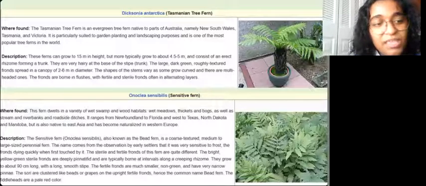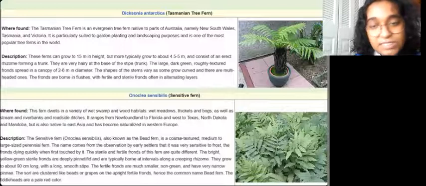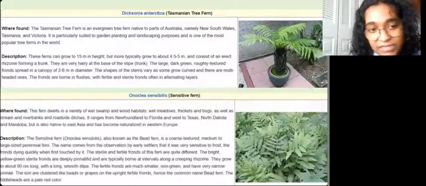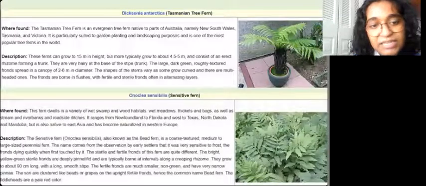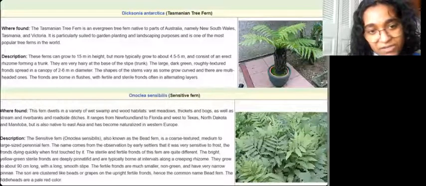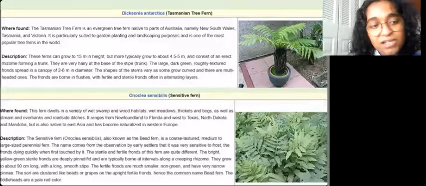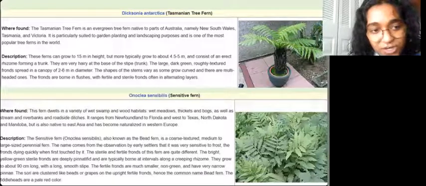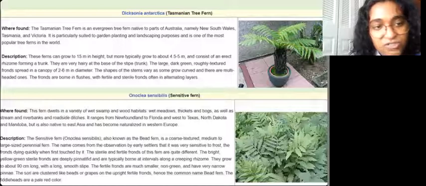ferns in the world. Description: these ferns can grow up to 15 meters in height, but more typically they grow up to 4 to 5.5 meters and consist of an erect rhizome forming a trunk. They are very hairy at the base and the stipe of the large dark green trunk is roughly textured.